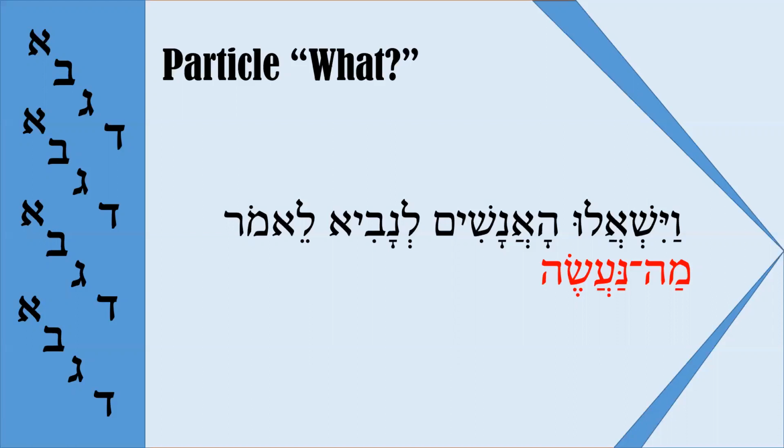Shamar is to keep. Sha'al is to ask, remember Shaul, the king of Israel, for whom people were asking. So Sha'al means to ask. And the man asked the prophet. Yes, we can say the man or the people asked the prophet, saying, what shall we do? Or what will we do?